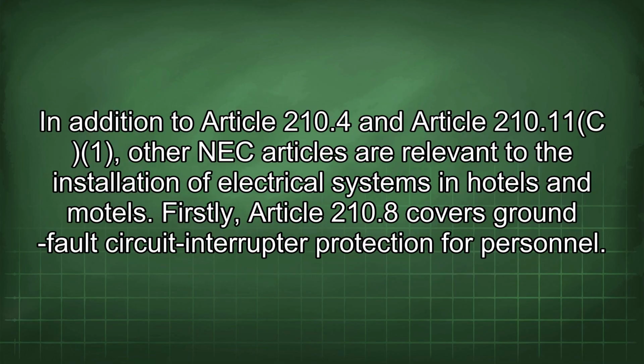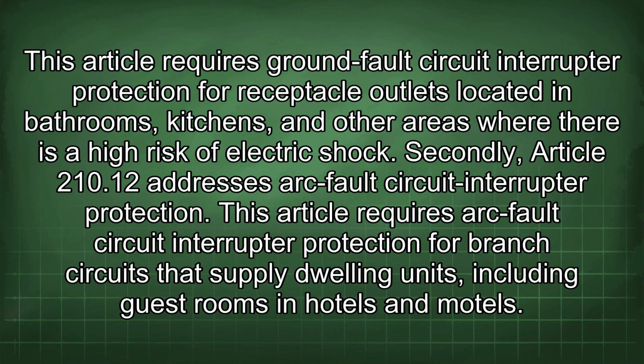In addition to Article 210.4 and Article 210.11(C)(1), other NEC articles are relevant to the installation of electrical systems in hotels and motels. Firstly, Article 210.8 covers ground fault circuit interrupter protection for personnel. This article requires ground fault circuit interrupter protection for receptacle outlets located in bathrooms, kitchens, and other areas where there is a high risk of electric shock.